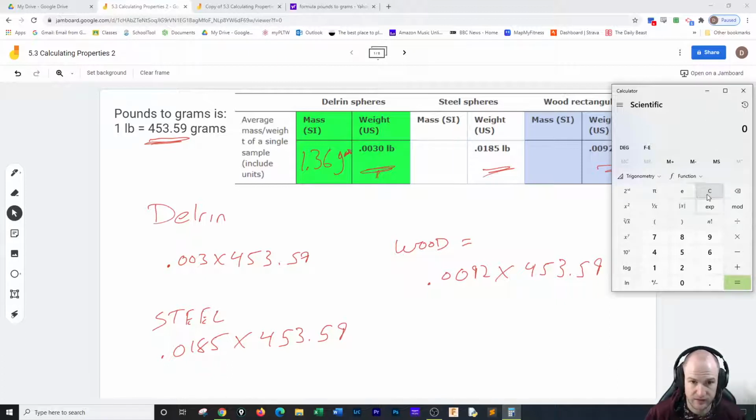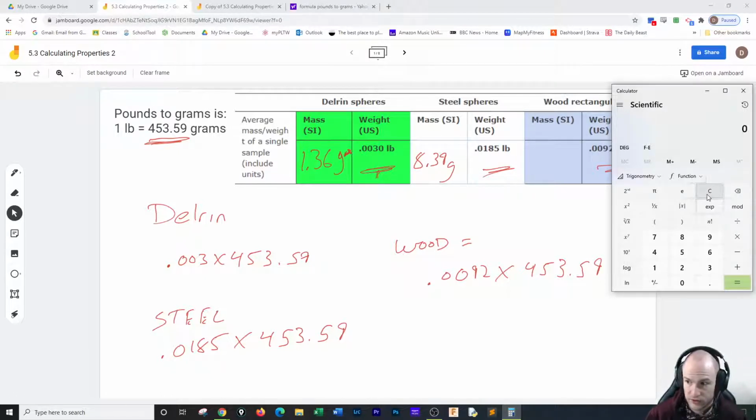Then I have my steel, which is 0.0185 times 453.59, and I'm getting 8.39. I'm going to go with 8.39 grams.